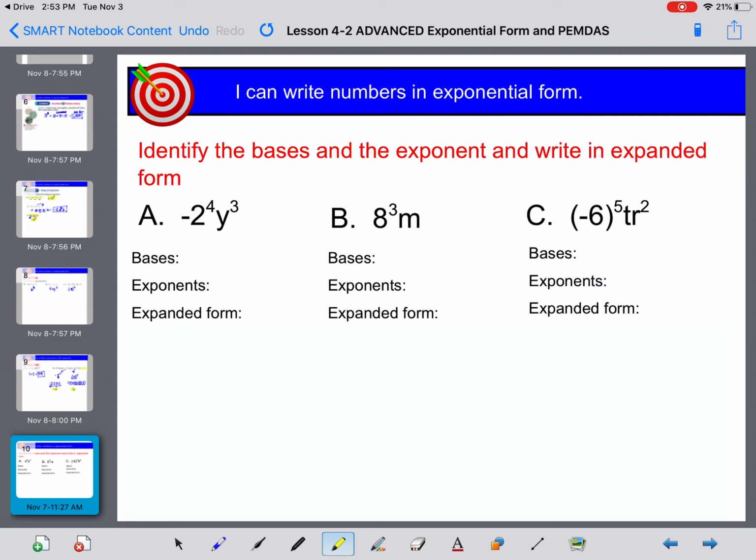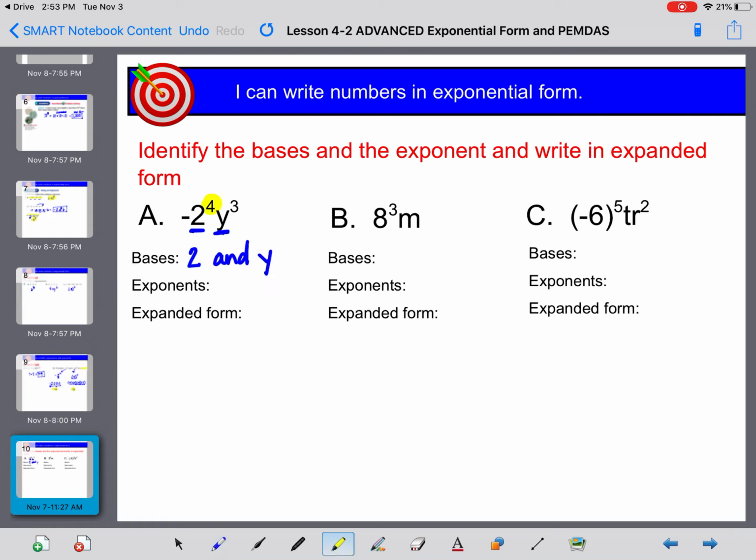Identify the bases and the exponent and write the problem in expanded form. So in this case, my base is whatever is directly before it. In letter A, only 2 is the base of the exponent, and only y is the base of the exponent 3.